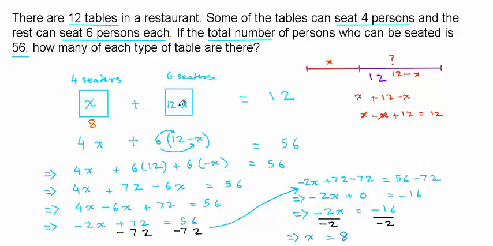The number of 6-seaters has to be 12 minus 8, which is 4. Once again, a quick check that we got this number right. 4 times 8 is 32. And 6 times 4 is 24. If you add up 24 and 32, you get nothing but 56.